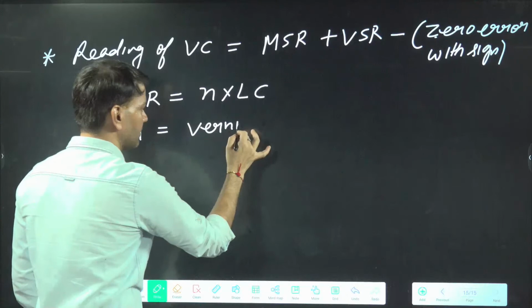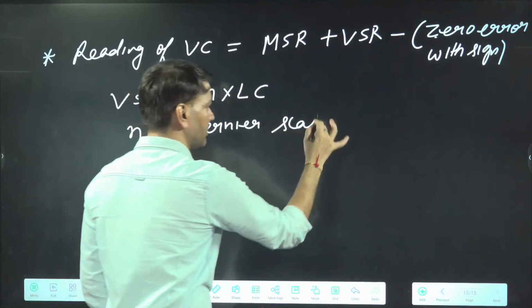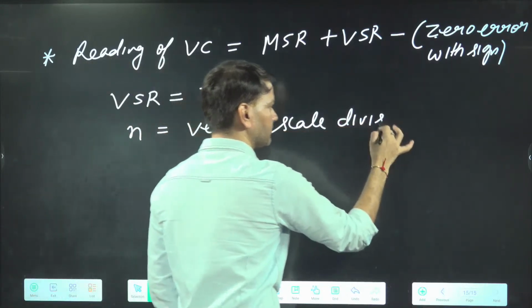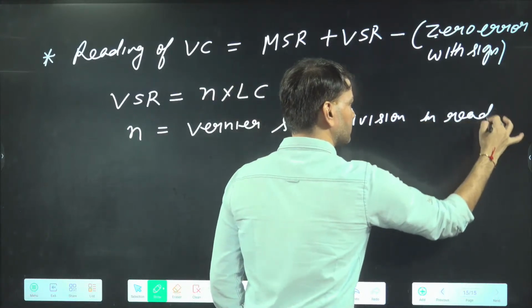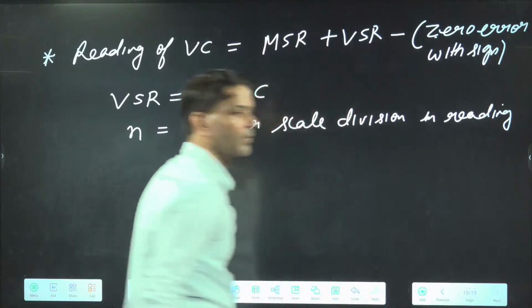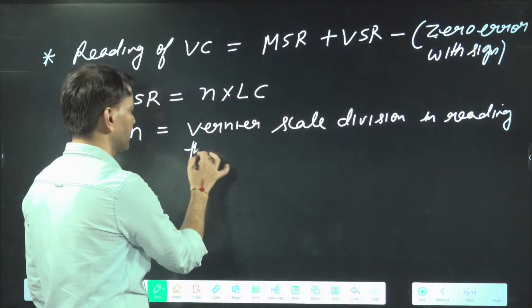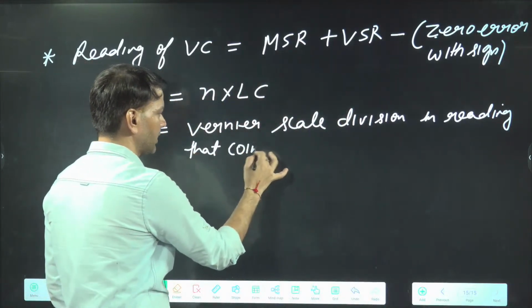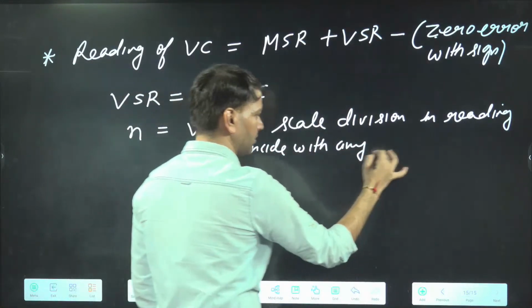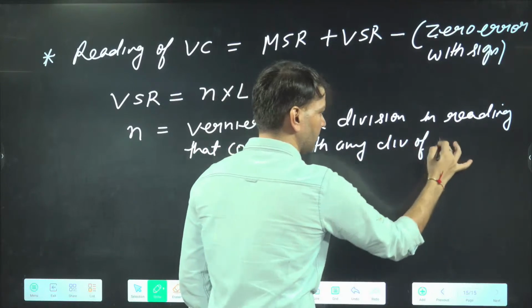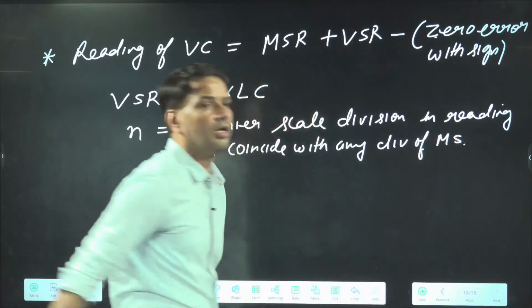So N is the Vernier scale division in reading that coincides with any division of the main scale.